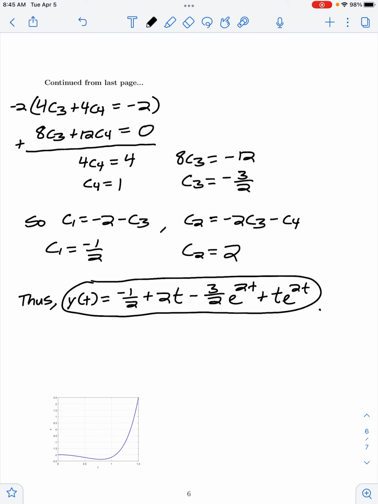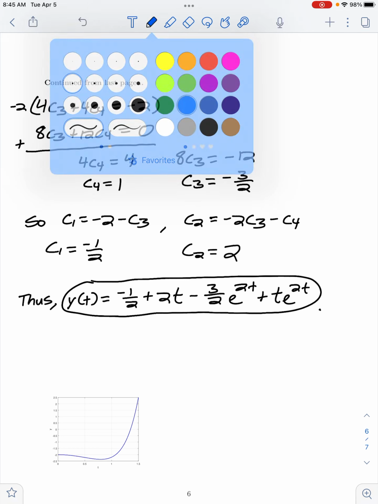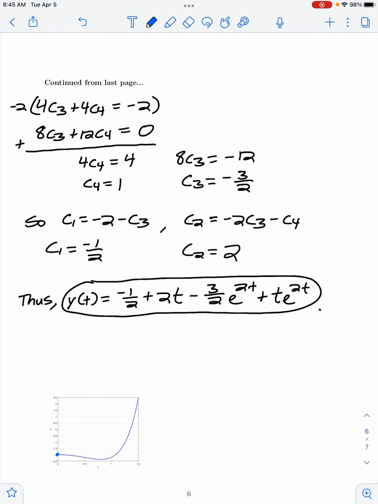So here in the notes, I've included the figure. And we see that as t becomes large, from our starting value of negative 2, we see an initial decrease before we start to see exponential growth tending towards positive infinity. And we can see that directly from the solution here.